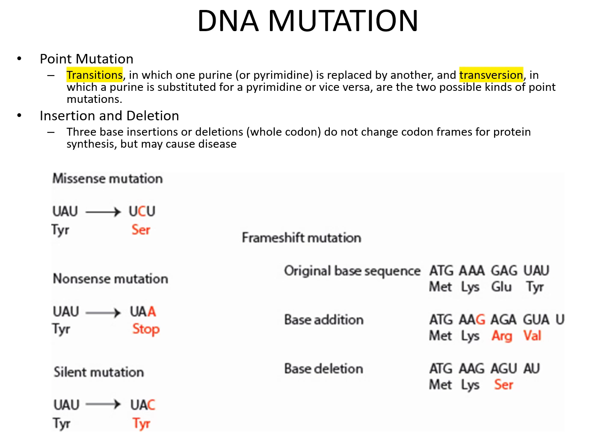In this case, UAU to UAA. That's a nonsense mutation. And the third type of point mutation is silent mutation. You change one nucleotide and the amino acid is still the same, it codes the same amino acid. That's the silent mutation. So these are three different types of point mutation.